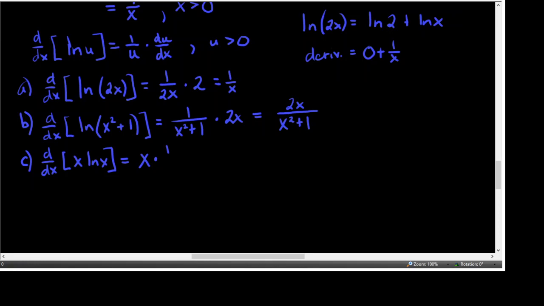The derivative of ln of x is 1 over x, plus the second function, ln of x, multiplied by the derivative of the first function, and the derivative of x is 1. And so this simplifies to be 1 plus ln of x.